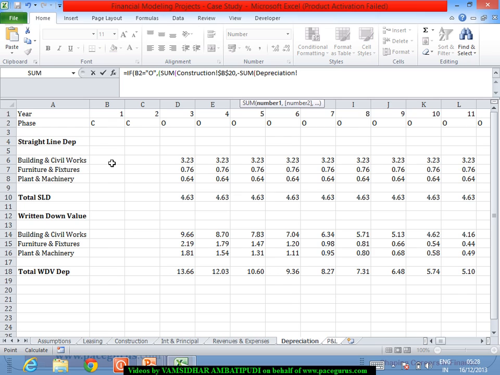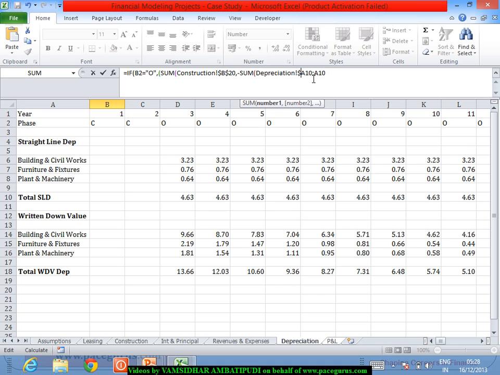So for whatever has been depreciated till date, I could consider something like this, wherein I will put A under $1, A10 to A10.